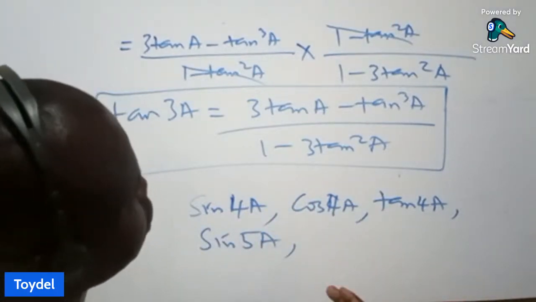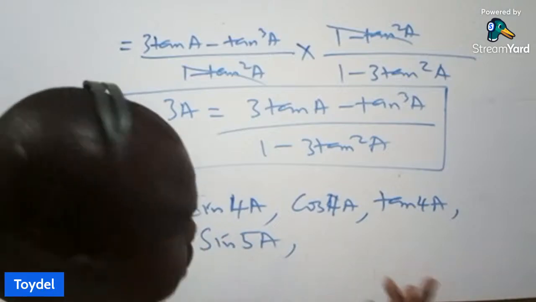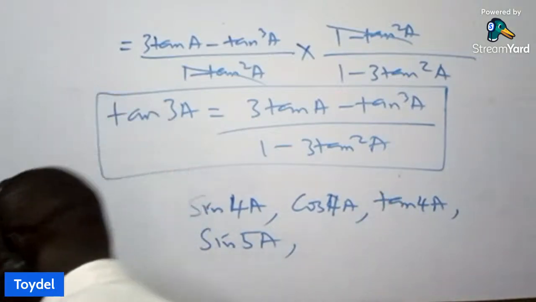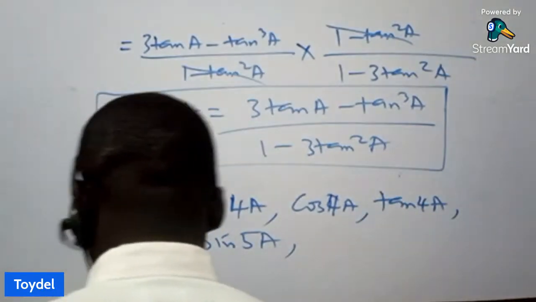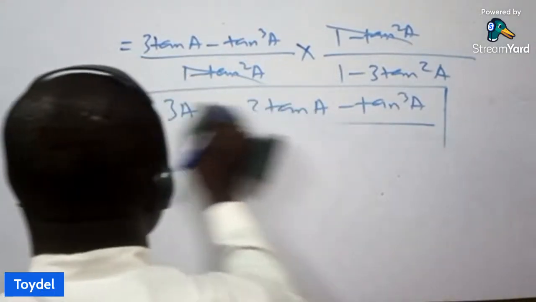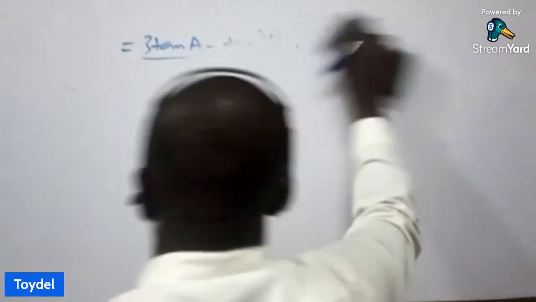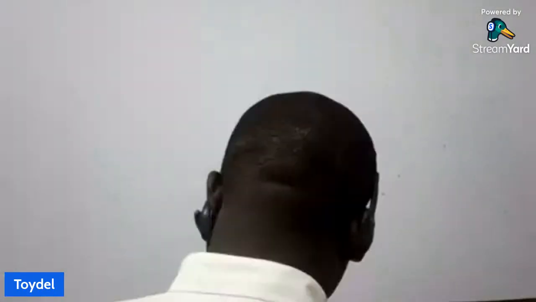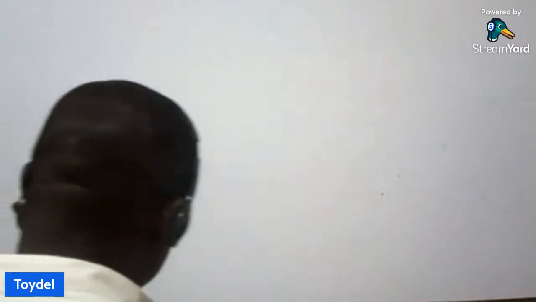It could be double, triple, maybe 4, 5, 6, and what have you. Once you follow the steps, you should be able to generate all of these under multiple angles. So we have been able to generate the expressions for sine 3a, cos 3a, and tan 3a.